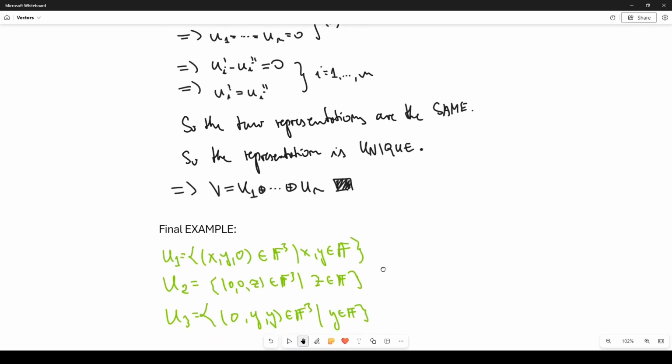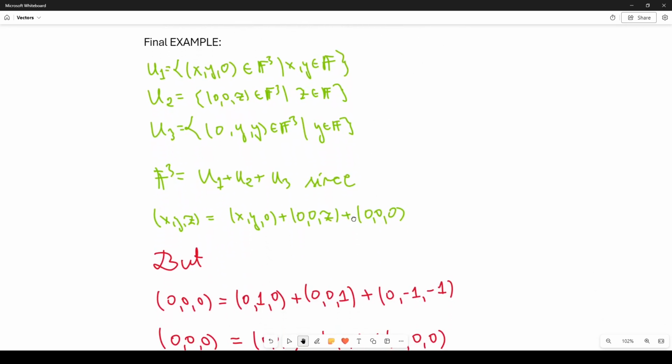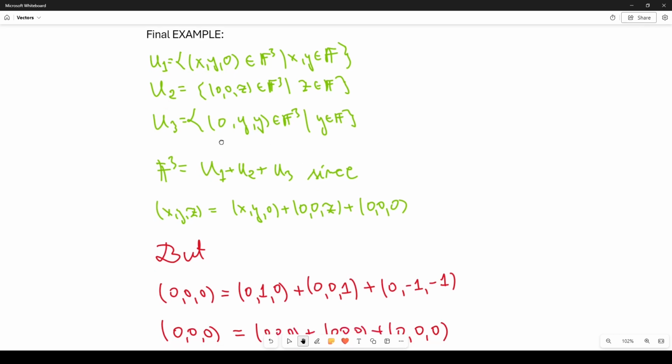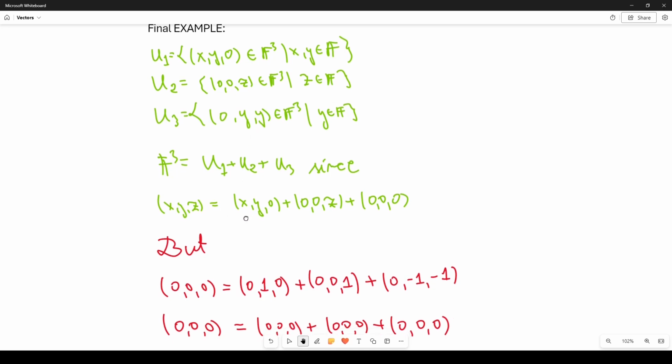And one final example. So we have these subspaces, and they do form a sum of this given vector space, so of F to the third. We can express all ordered triplets of F using the vectors in these subspaces.